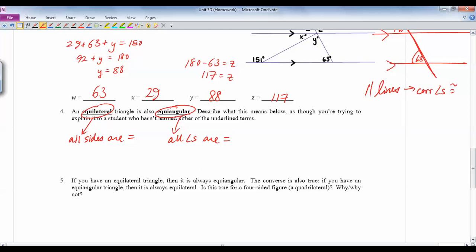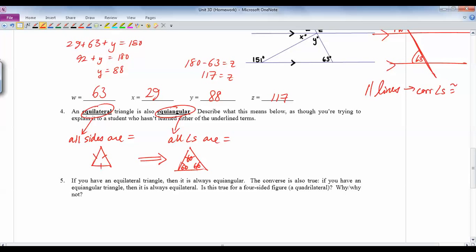All side lengths and all angle measurements are the same. So if you have a triangle where you know all three sides are the same, then you know that all three angles are the same. In fact, since it's a triangle and the angles add to 180 and are all the same, 180 divided by 3, they're all 60.